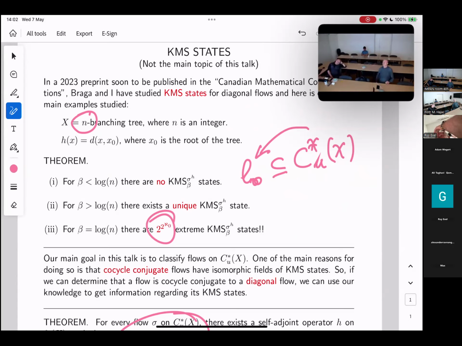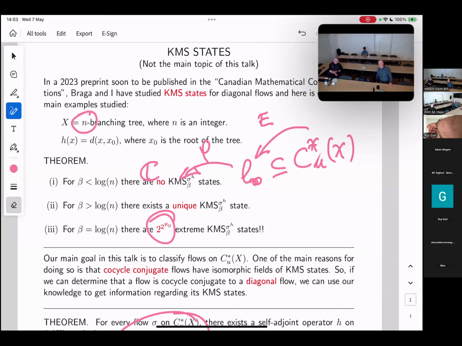This is a conditional expectation that's very important. Now, in every situation, even in a general row algebra, we prove that every KMS state for a diagonal flow necessarily factors through this conditional expectation. So every KMS state is of the form E composed with some state on L infinity.